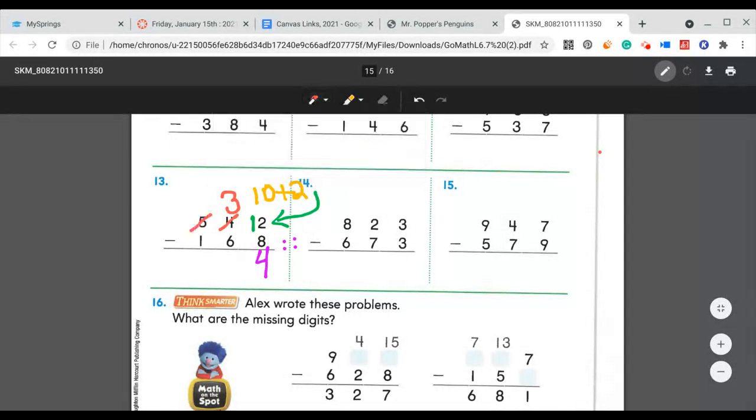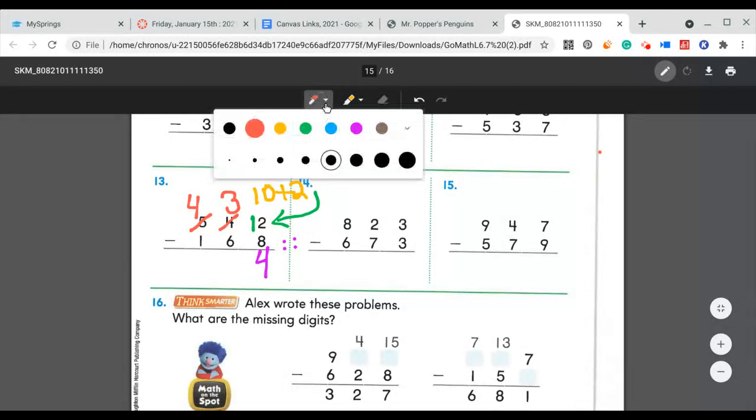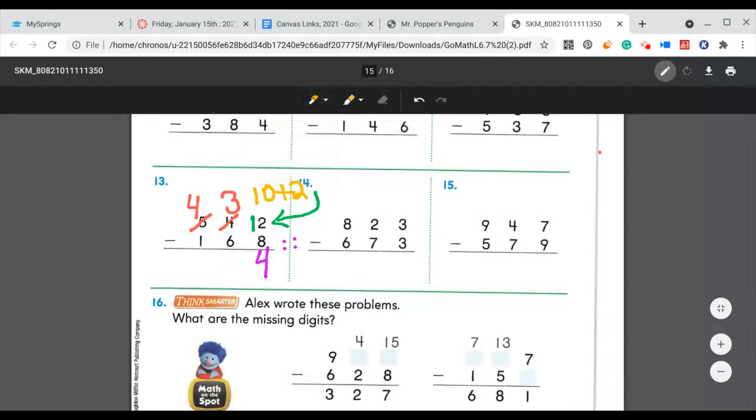We take 100 away from the 500. That becomes a 4. And what we've actually done, I'll show you in yellow here, is we've taken 100 and we're adding it to the 30, which is going to equal 130.